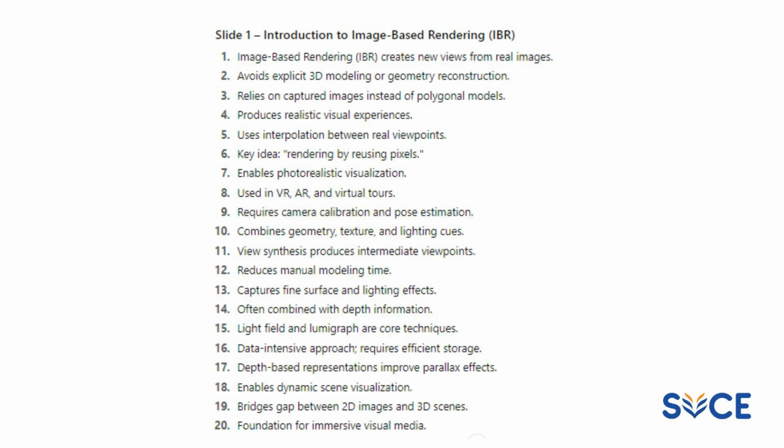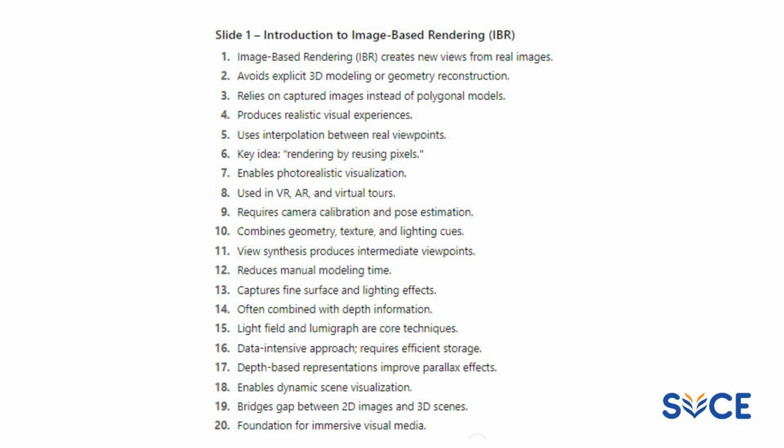Image based rendering refers to the process of generating new views of a scene directly from existing images without requiring detailed 3D models. Instead of constructing the geometry, hybrid techniques are used to capture the images and manipulate them to simulate different viewpoints.